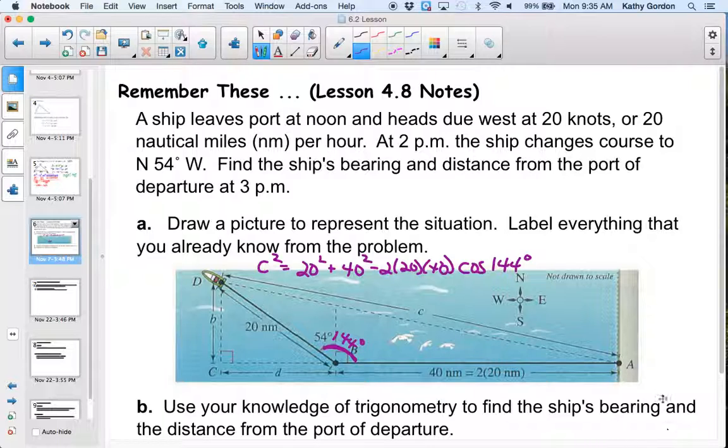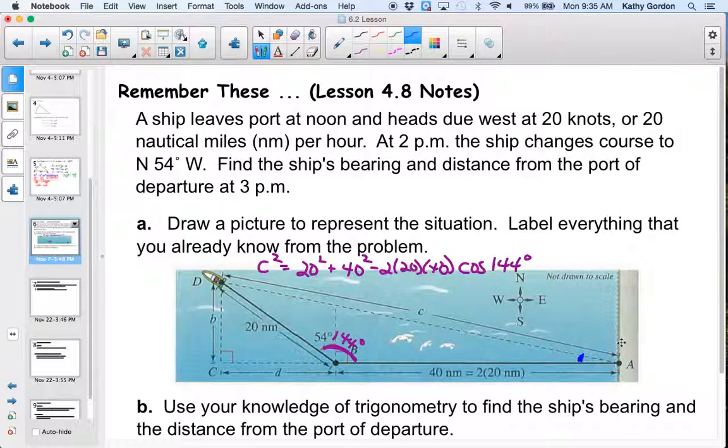Then how would we get bearing from port to the ship? Yeah, law of sines, because then we'd need to figure out, well, what is this little angle?